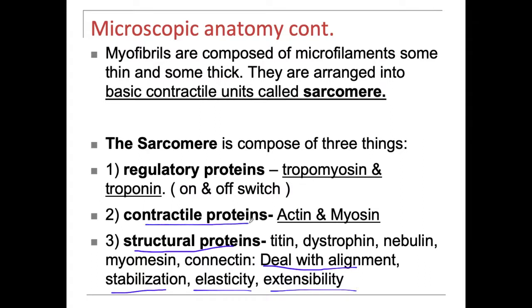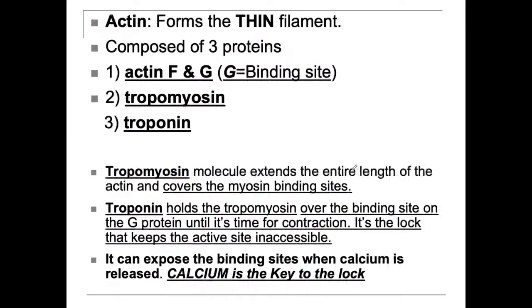The contractile proteins are going to be actin and myosin, and the regulatory proteins, that's the on and off switch, that's troponin and tropomyosin. Troponin I refer to as the staple, and tropomyosin is the string or that rope that covers the binding sites.